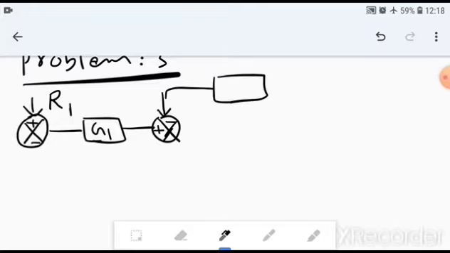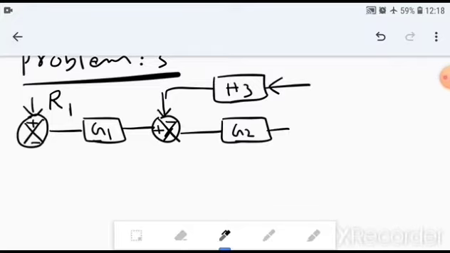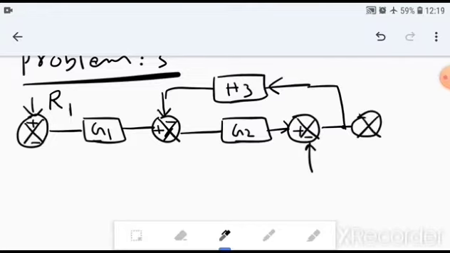This is H3 feedback, because we are taking it from output to input, and here we have G2, another summing point 3. Here we have negative feedback, and the fourth summing point is here.